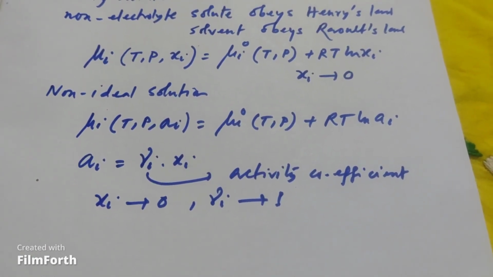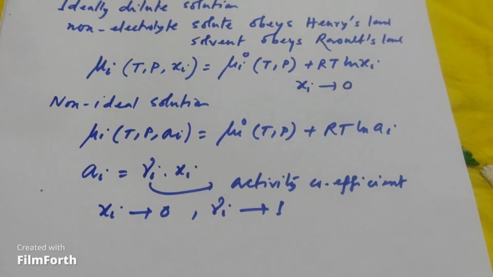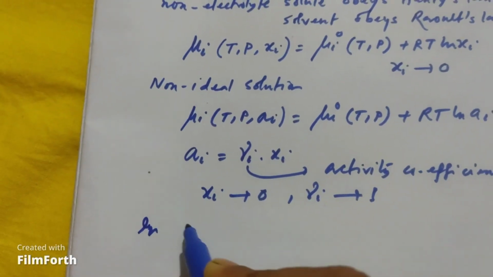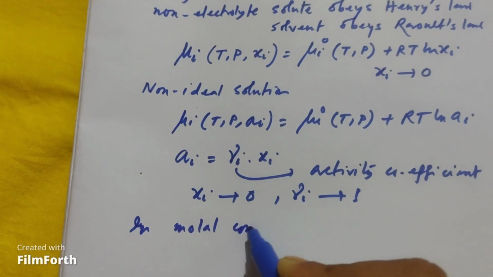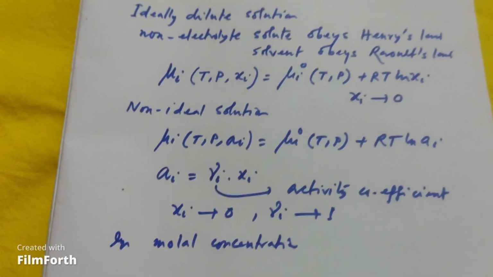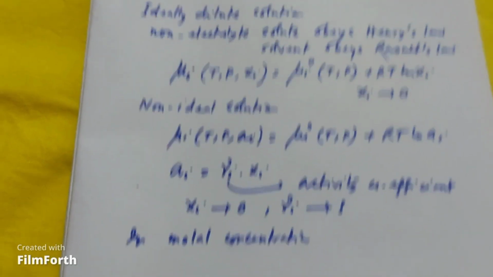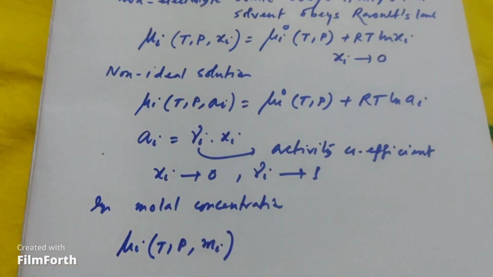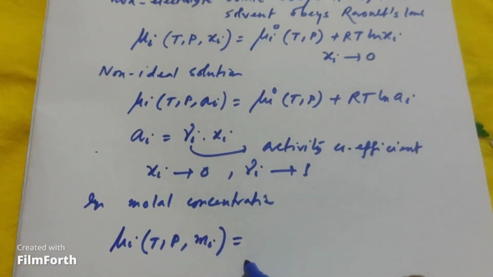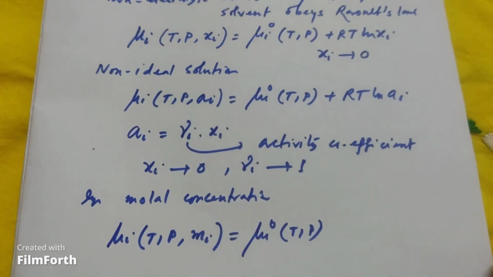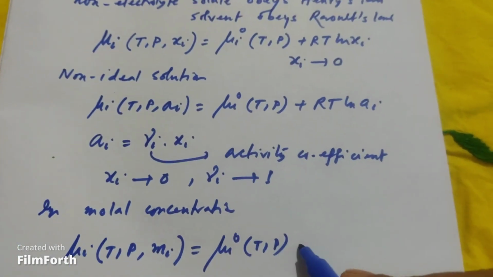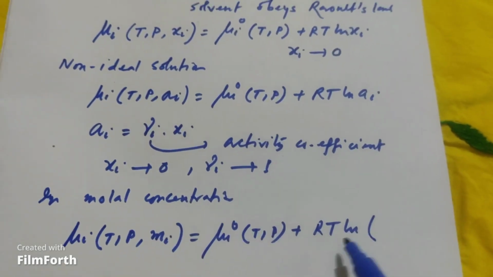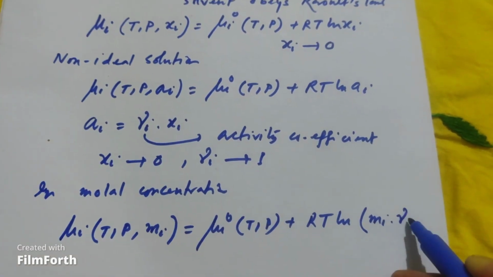Now this mole fraction unit can be replaced by another unit also. We can write it in molar concentration terms. The equation will be converted to molar concentration. We can write the equation as mu i T, p, where mi is the molality of the i species, is mu i 0 T, p plus RT ln ai, that means mi into gamma i.